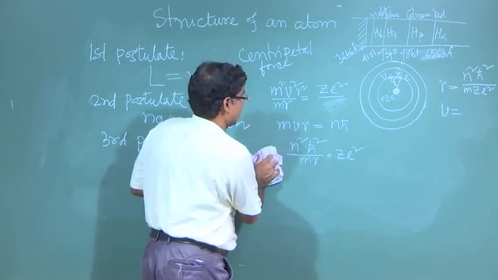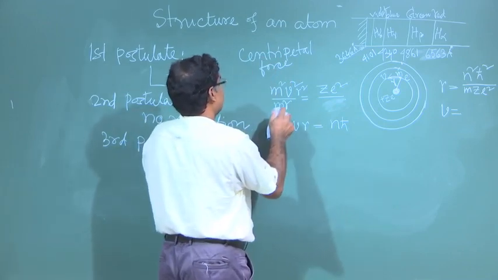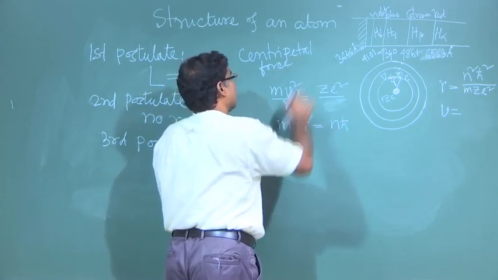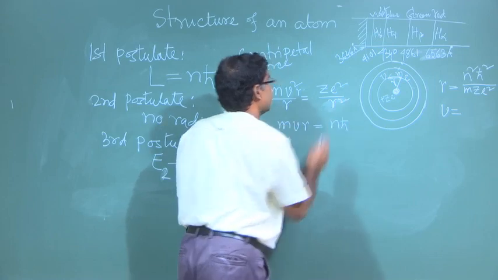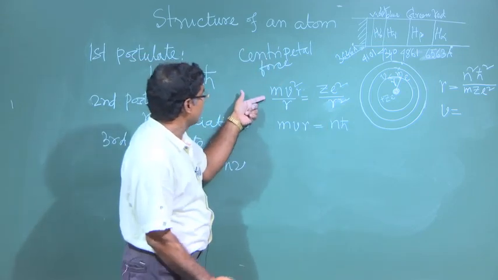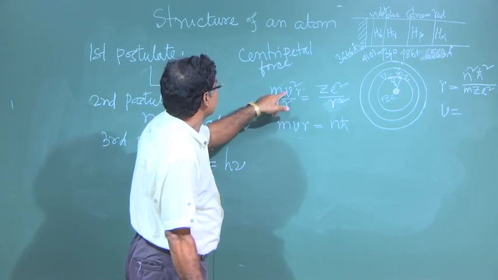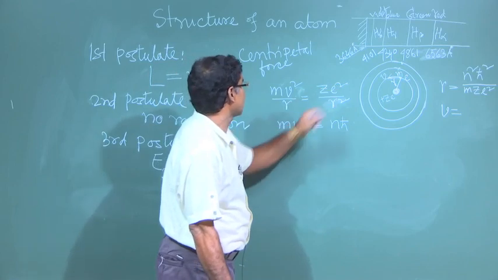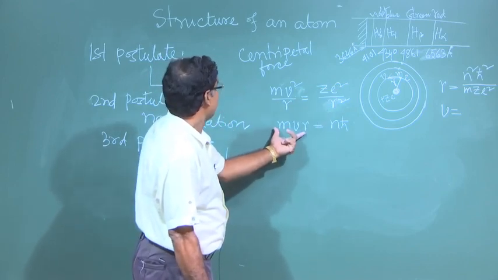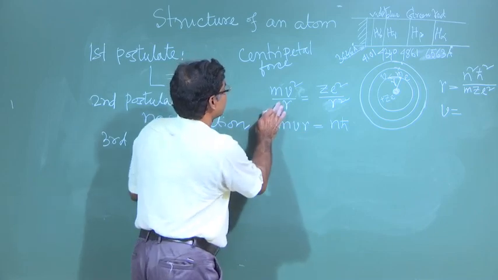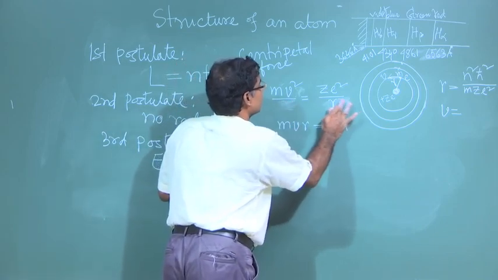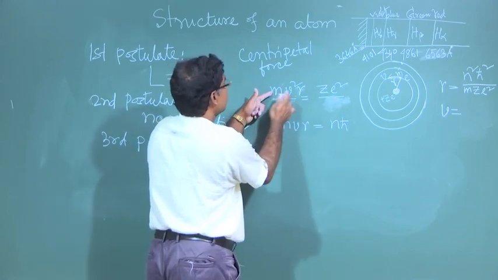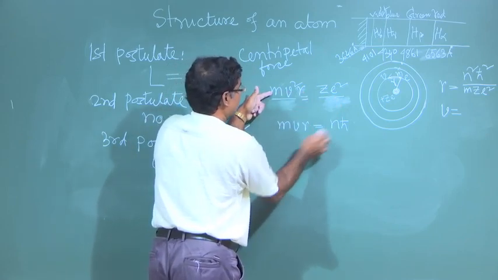So, next, let me go back to m v square by r equal to Z e square by r square. So, that was our original. So, now if I want to find out v, so this r will go, so I will take this here. Okay. So, mvr equal to n h cross.